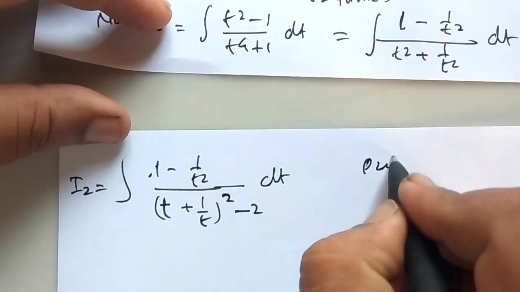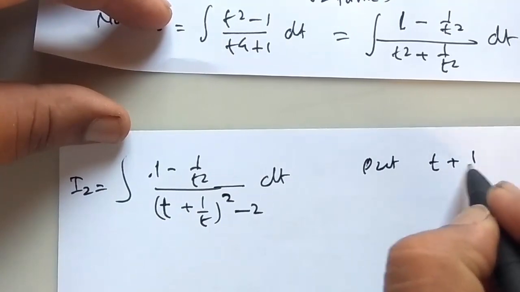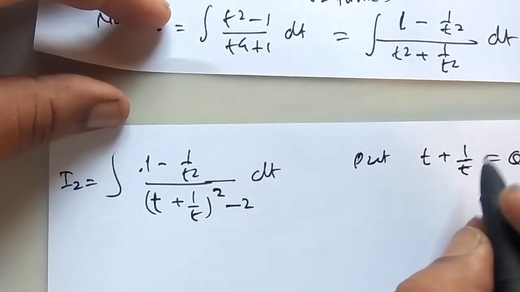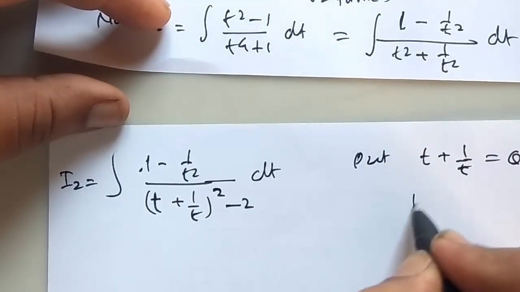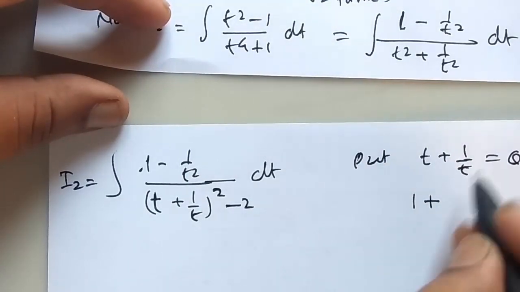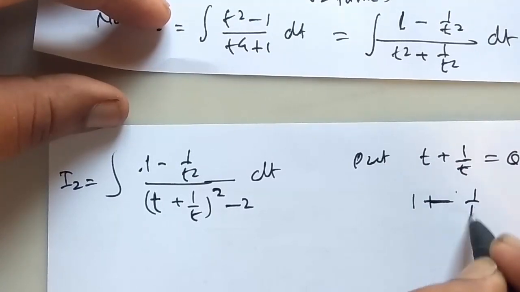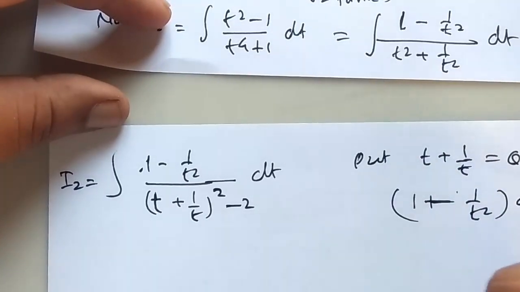Now put t plus 1 upon t is equal to theta. Differentiating with respect to theta, it is 1 minus 1 upon t square dt is equal to d theta.